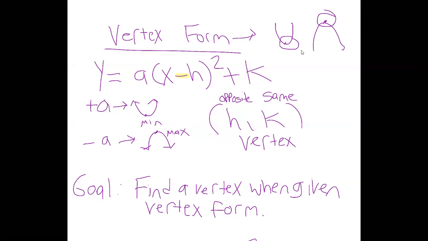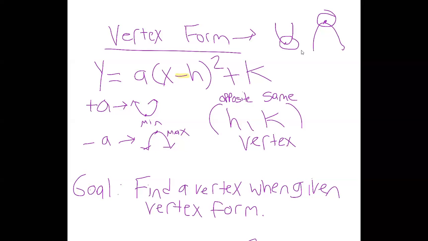So vertex form, this general formula, is going to look like y equals a(x minus h) squared plus k. Your a value in front basically just tells you what direction your parabola is going to open.